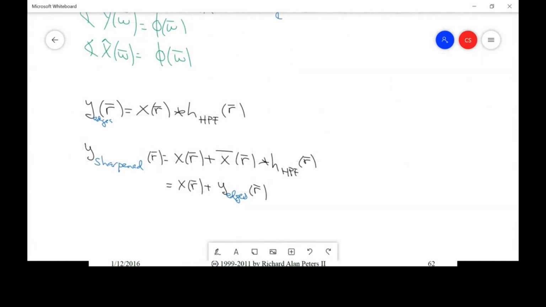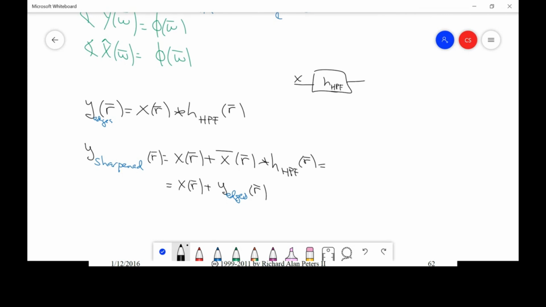So let's say that I want to express this as a single filter. So what is this model? I have an input, and then it goes through a high-pass filter, and I'm adding it also, and then I'm getting I sharpened. This is my model.